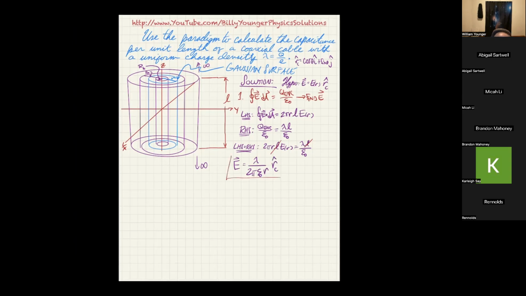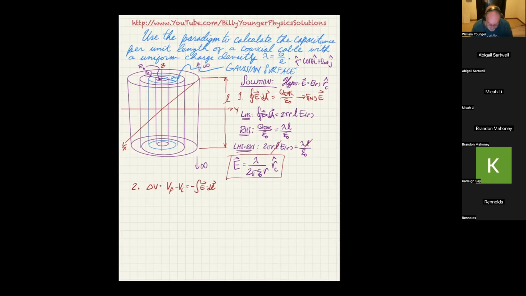That's the electric field. Now I've got to do part two. Delta V equals V final minus V initial, which equals a negative integral E dot dl. Okay.